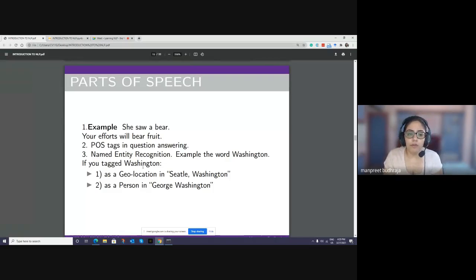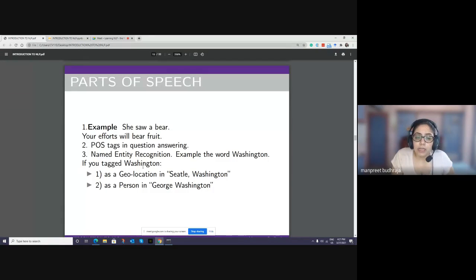Okay. Moving forward, we have part of speech. Your part of speech plays a very important role because in things like translation, or named entity recognition, you need to know what part of speech you are trying to find. Like "she saw a bear" and "your efforts will bear fruit" are two different uses of bear. In the first, bear means noun, and in the next sentence bear is a verb.